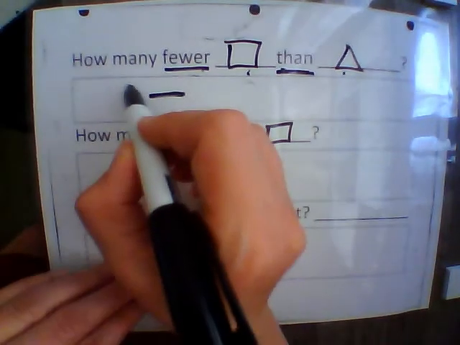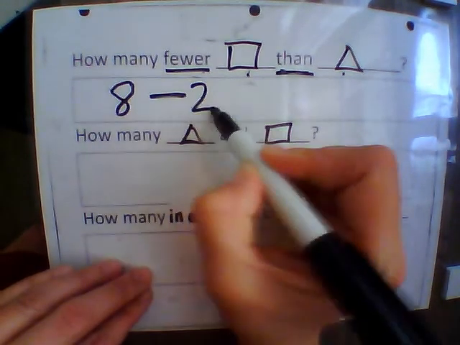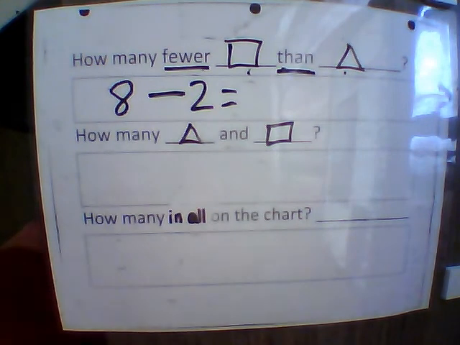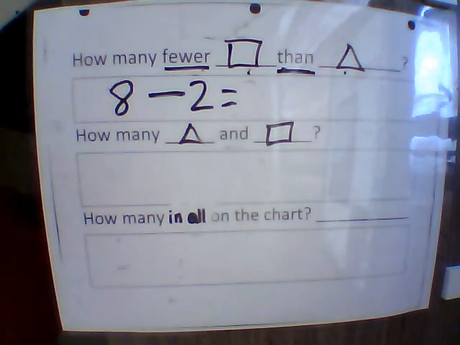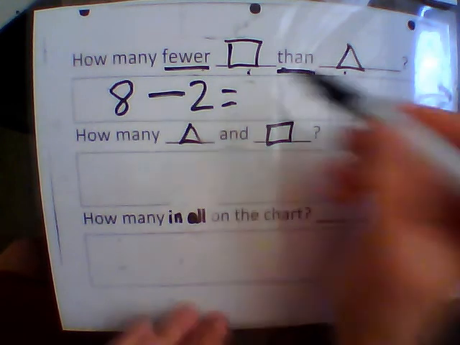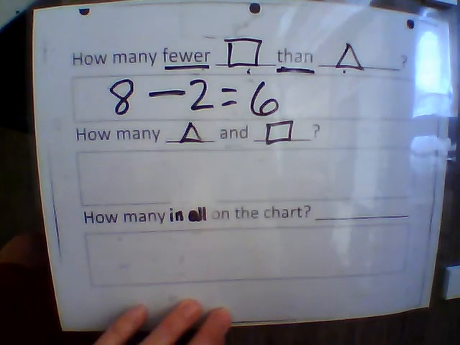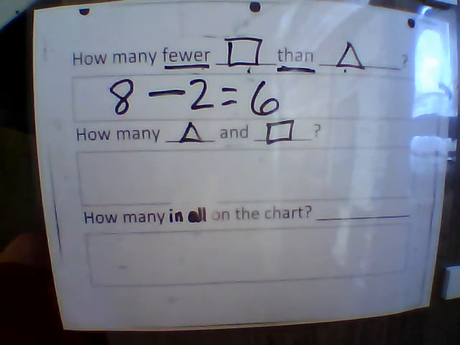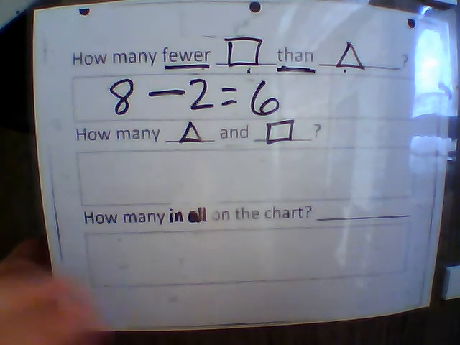So we're going to actually be minusing 8 minus 2. And let's solve that. 8 minus 2, so do that now. And there are 6 fewer squares than triangles.